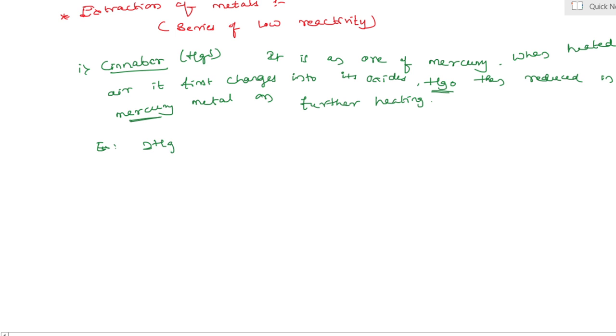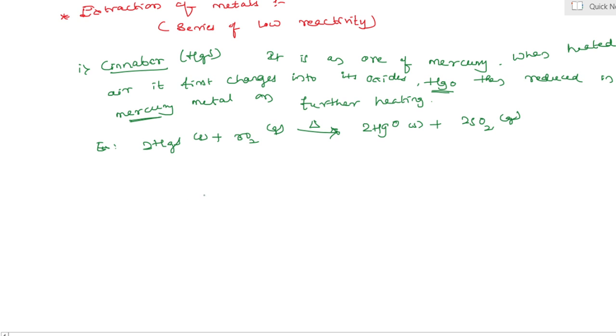Mercury sulfide, cinnabar, in solid state, heated in the presence of oxygen, 3O2, gas from air. The process of heating can give rise to mercury oxide, HgO, solid, plus sulfur dioxide.